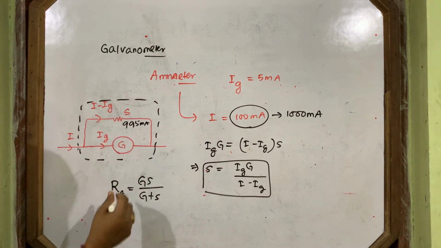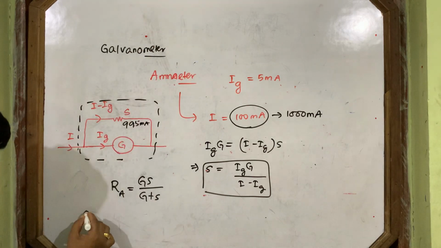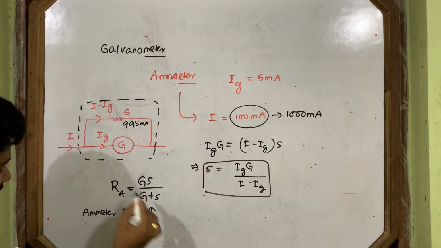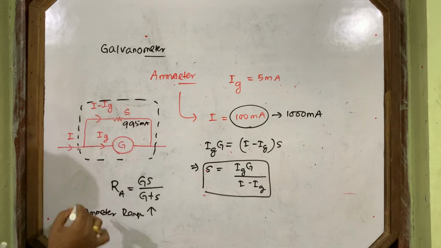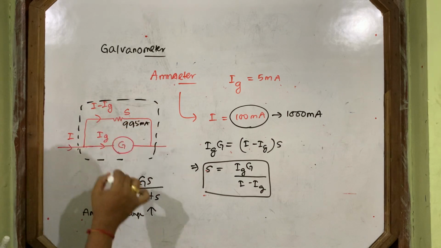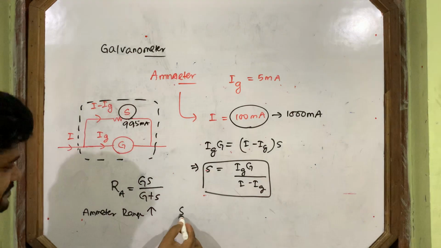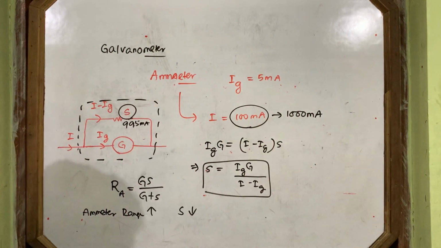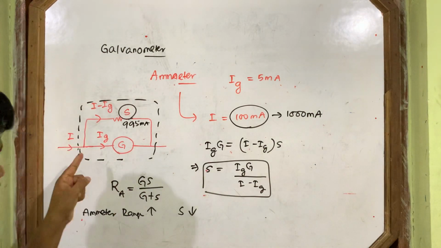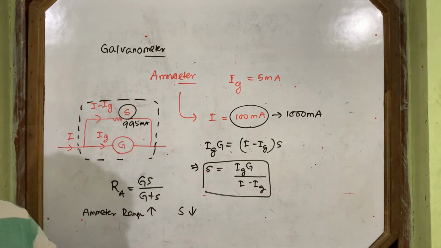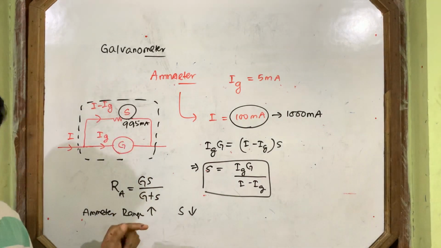Listen, try to understand. Ammeter range increase. If the ammeter range increases, you have to decrease the shunt, because more current will pass through it.